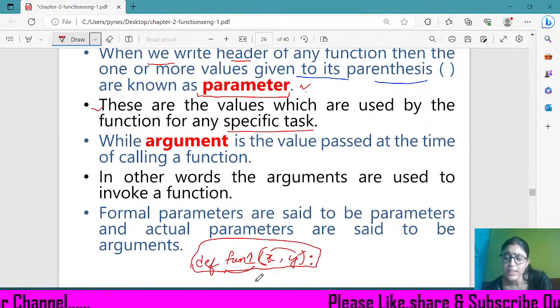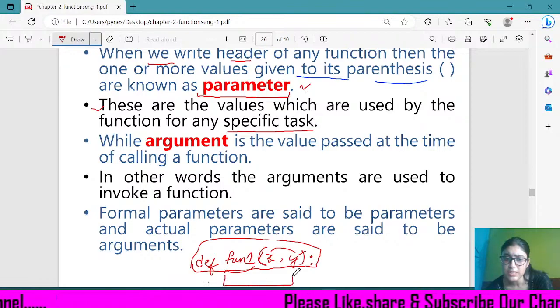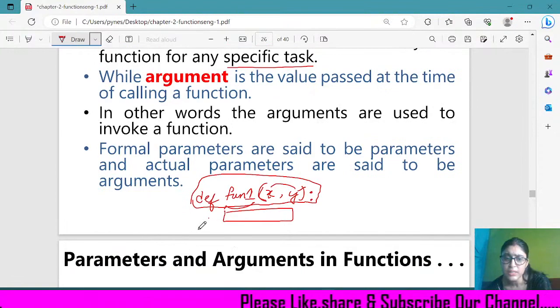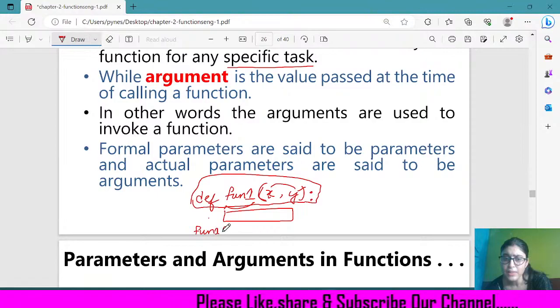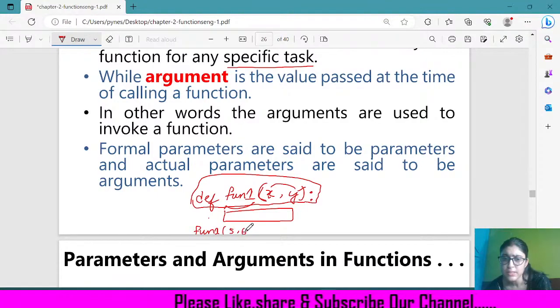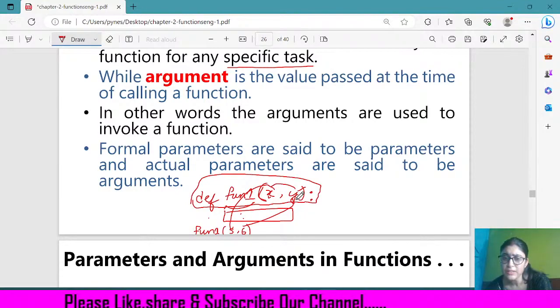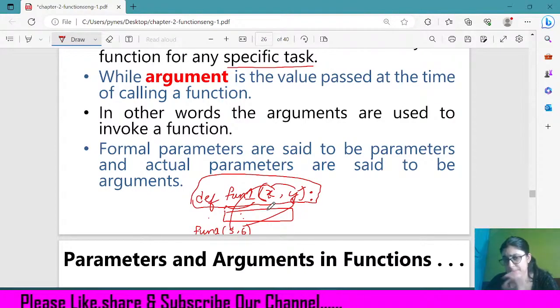Whenever we are calling fun1, suppose some function body is there, and after it I call fun1 with some values, 5 and 6. So this 5 will go into x and this 6 will go into y, and if I print x and y inside the function, x will be 5 and y will be 6.